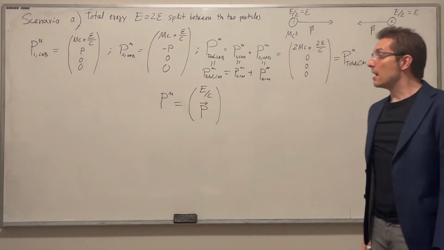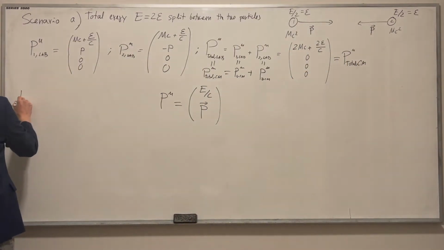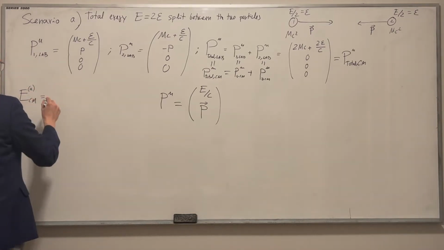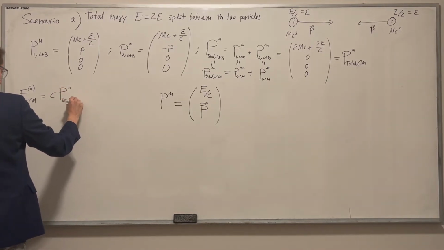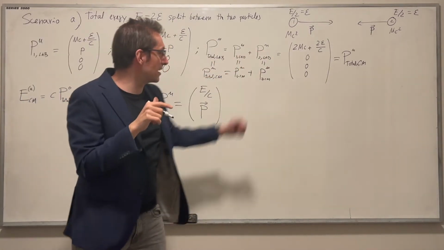Right. Now, of course, we know that the energy for scenario A in the center of mass frame is going to be equal to c times P0 total in the center of mass frame. Now, we know what that is, just reading out from there.